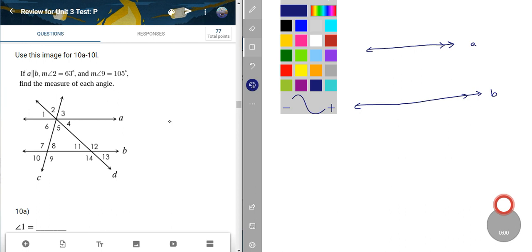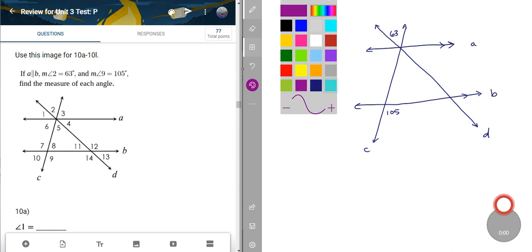And then we've got D and C. All right, our information that's given this time, measure of angle 2 is 63, and measure of angle 9 is 105. Find all the other measurements.